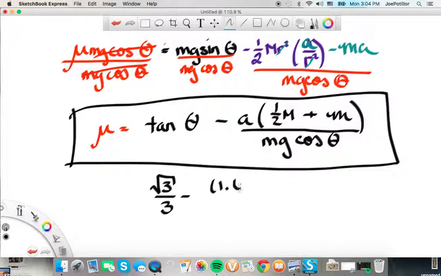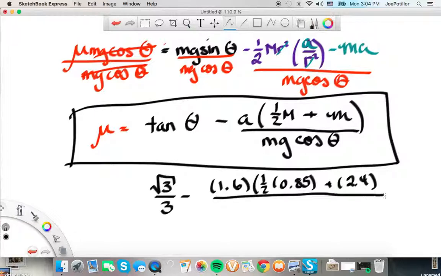Minus a, which is 1.6, times 1/2 M, plus little m, which is 2.4, over big G, 9.81, times cosine of 30 degrees, which is square root 3 over 2. Do all that, and you should get the proper answer to the problem.